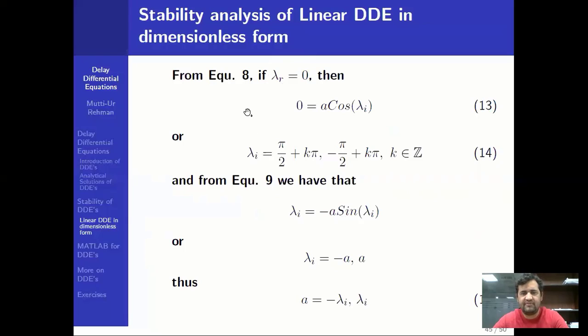If I go back to equation 9, then you will see that I'm able to express this parameter in terms of these eigenvalues, the minus and the plus, of course, the pure imaginary.